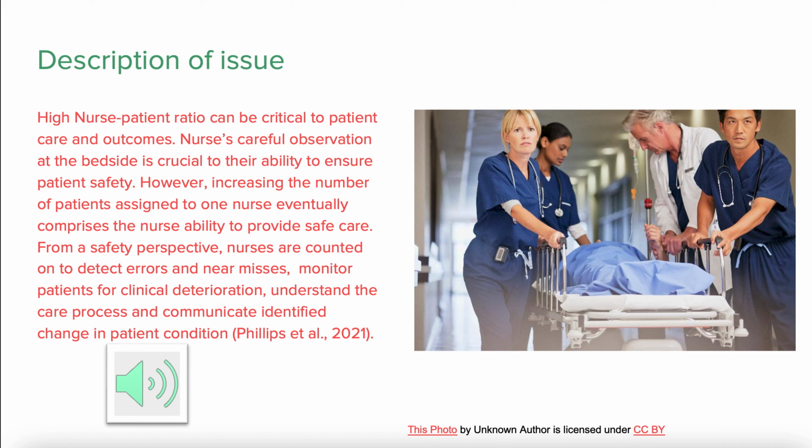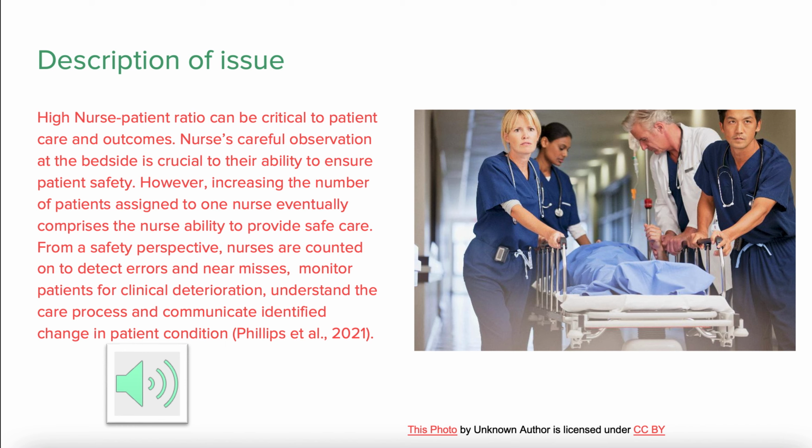In emergent situations or departments, in the emergency department, the nurse ratio is 1:4. In acute ICU settings, I think the nurse-patient ratio is 2:1. However, increasing the number of patients assigned to one nurse will eventually compromise the nurse's ability to provide safe care.